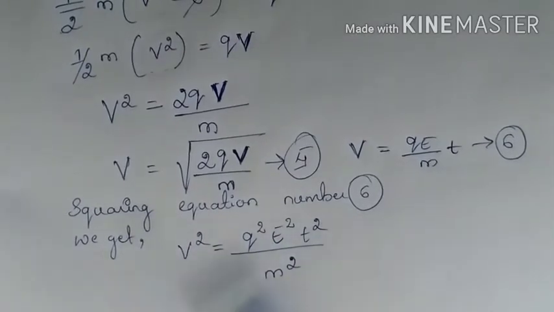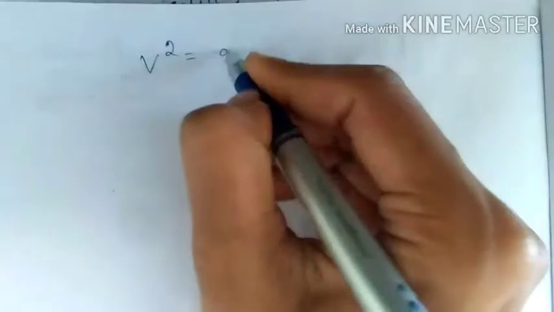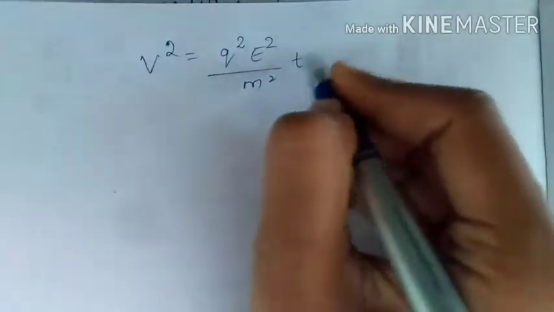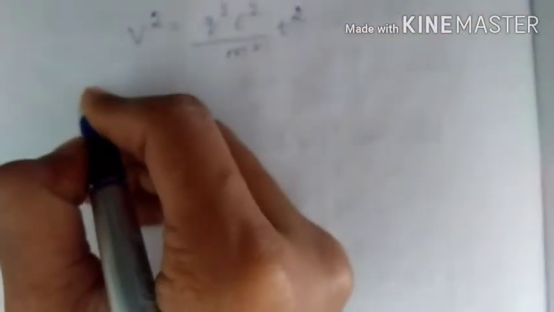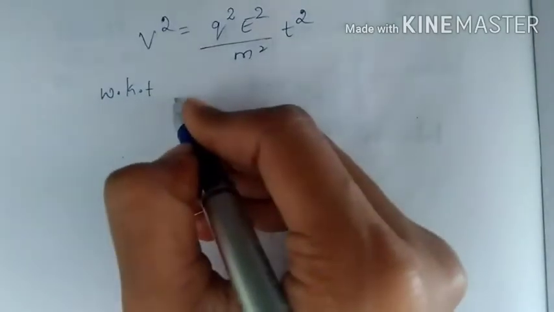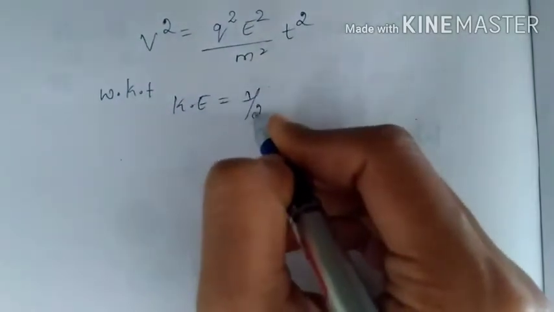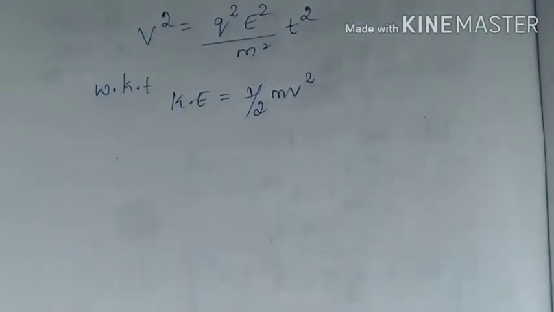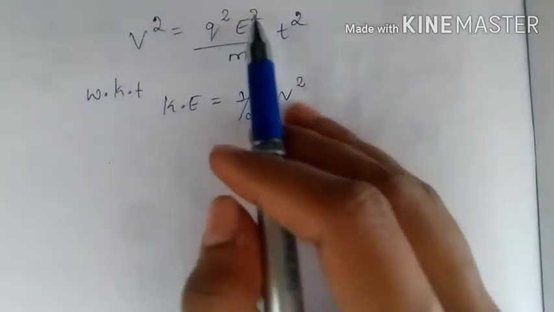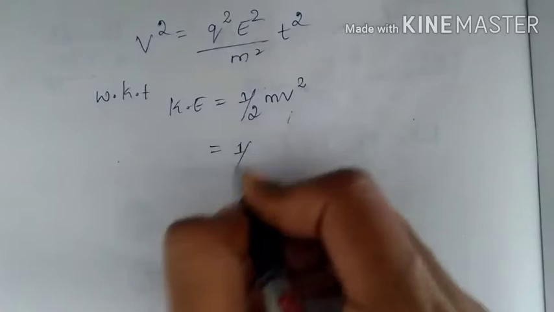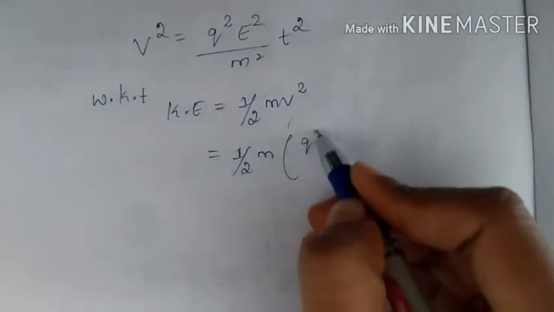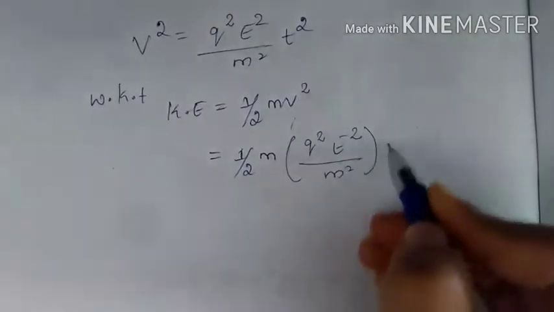We have the velocity of the particle, so if I substitute it in the kinetic energy equation, then I get KE is equal to half m times q square E square by m square multiplied by t square.